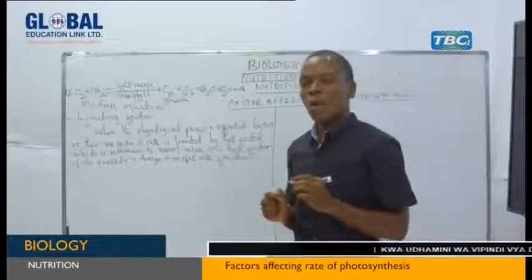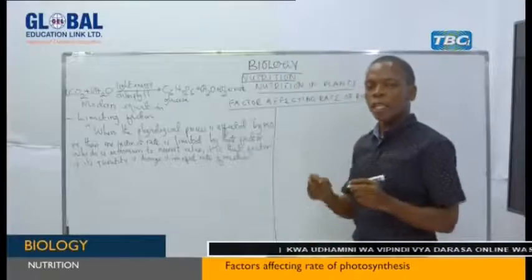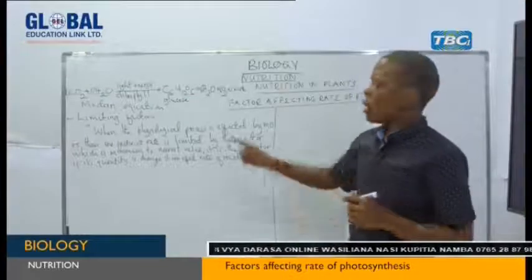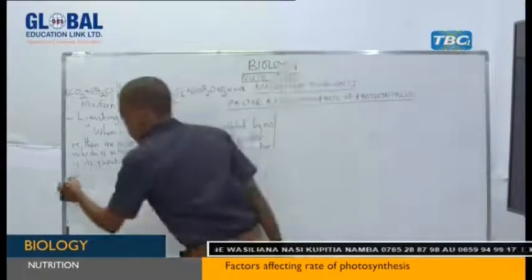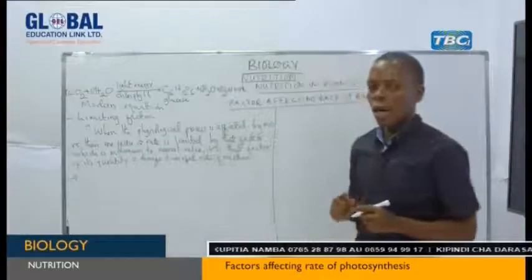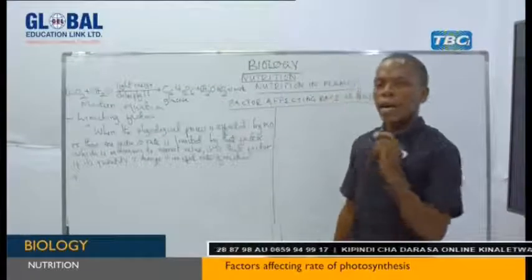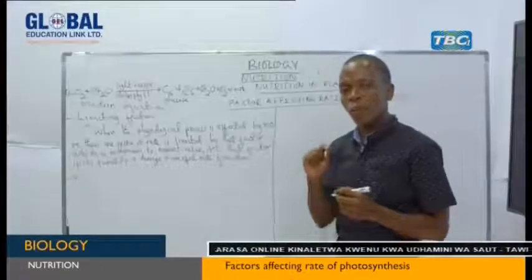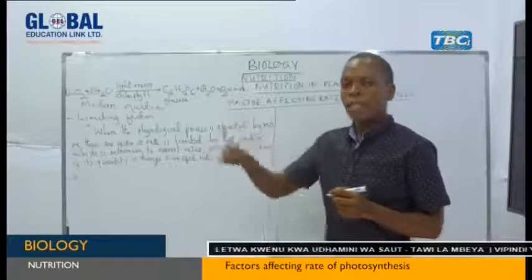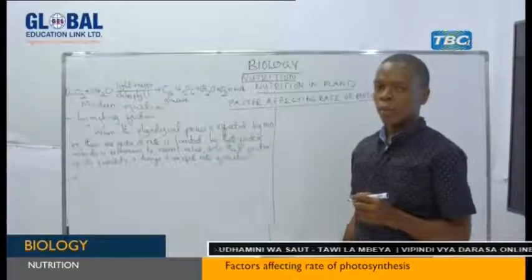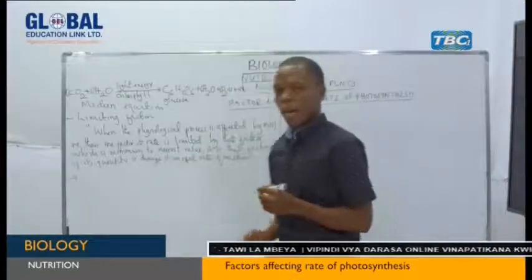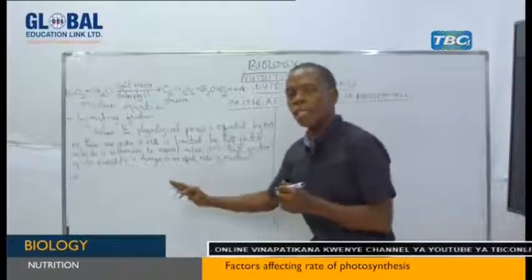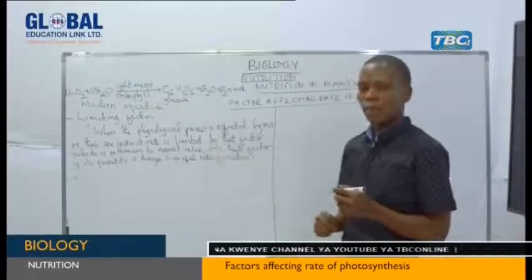It is that factor, when there is a change of quantity, which affects the rate of reaction. For example, the process of photosynthesis is completed in two stages, which are light-dependent reaction and light-independent reaction. Therefore, for the light-independent reaction to proceed, there must be a light-dependent reaction. So the products of the light reaction are required for the next stage.